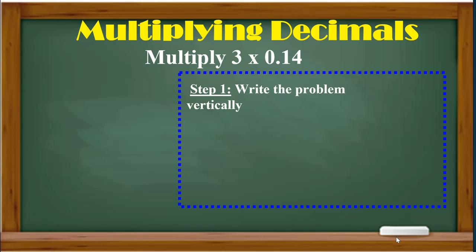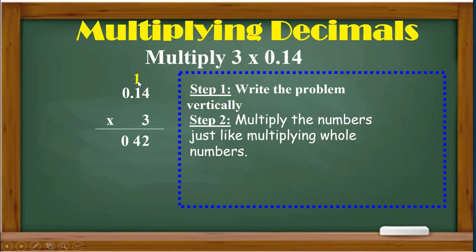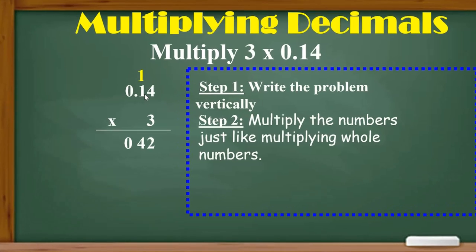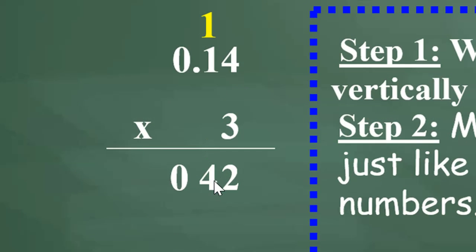So write the problem vertically, and then we multiply just like multiplying whole numbers. 3 times 4 is equal to 12. Carry 1. 3 times 1 is equal to 3, plus 1 is equal to 4. 3 times 0 is equal to 0.